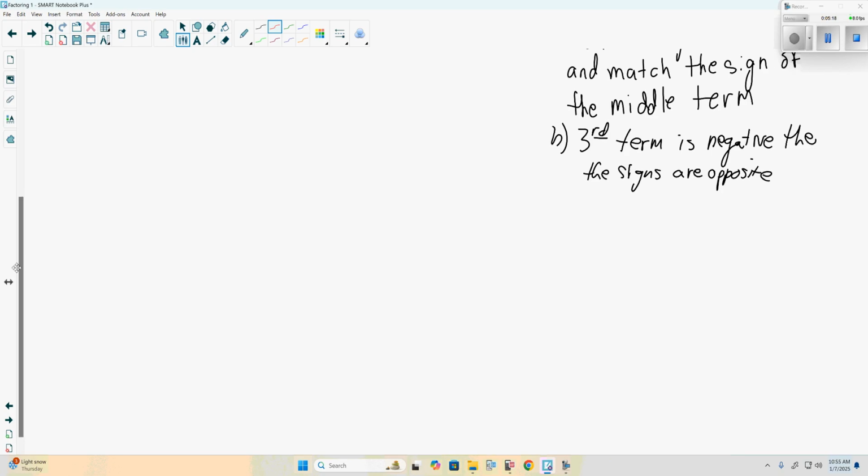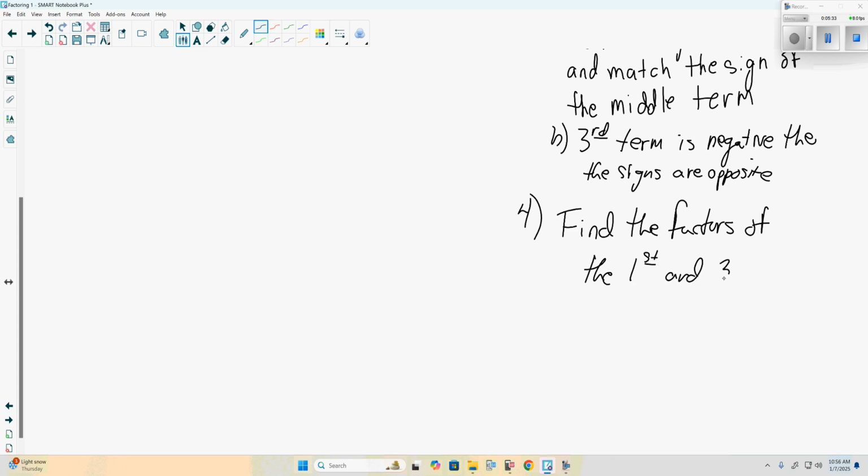All right. Now that does bring us to our fourth step. We need to find the factors of the first and third term. We can go on and say step 5 is to plug in those factors and check to make sure we have the correct middle term.